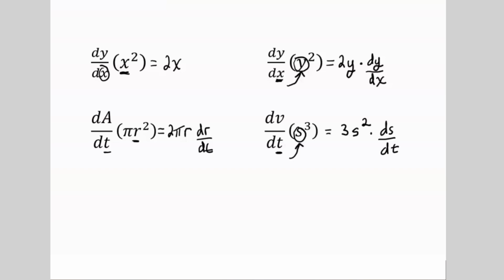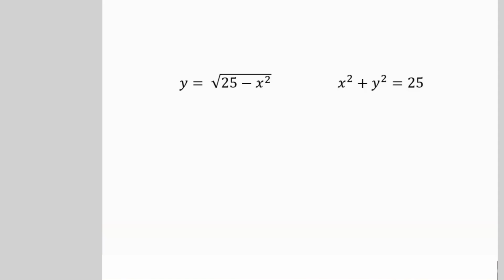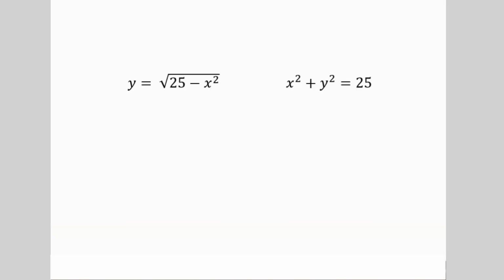So let's go back to the example using the circle. Okay, so let's take the derivative in its explicit form first, so we can compare the difference. In this case, it looks like we have y equals 25 minus x squared to the half power.